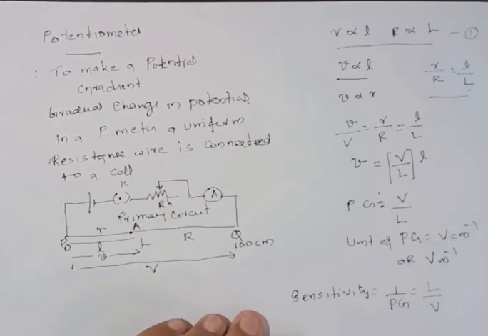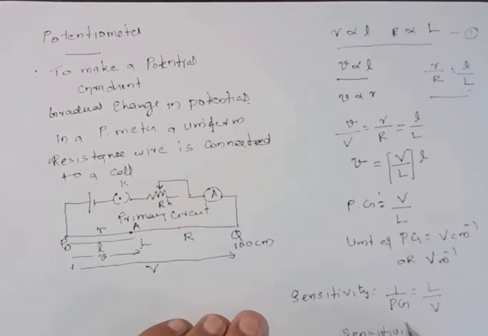You will understand the importance of the sensitivity because you can use a potentiometer to measure the EMF of a cell. Unlike a voltmeter, when we use a potentiometer to measure the EMF of a cell, we get a precise value because we don't draw any current. We will see that in our next lesson.